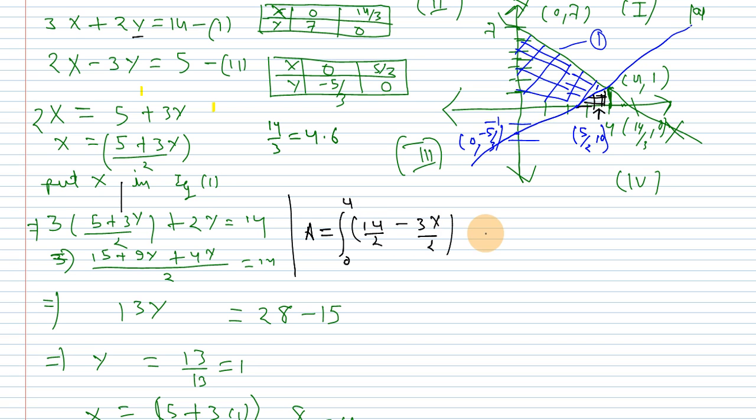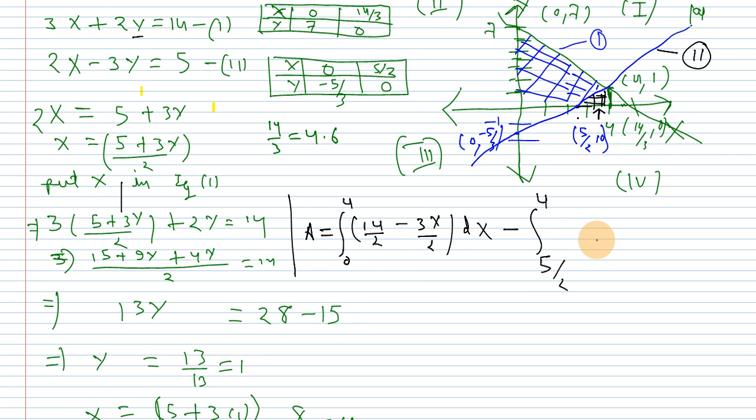So we have to integrate this, and we have to subtract this area. And this will be from 5 by 2 as the lower limit to 4 as the upper limit, and this is the second line. So we have to use the second line equation, and put it in the form of the x variable.